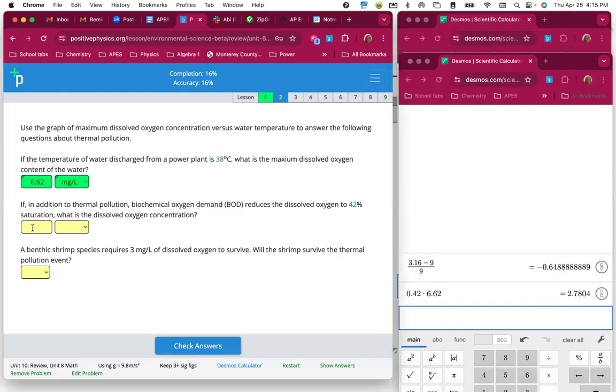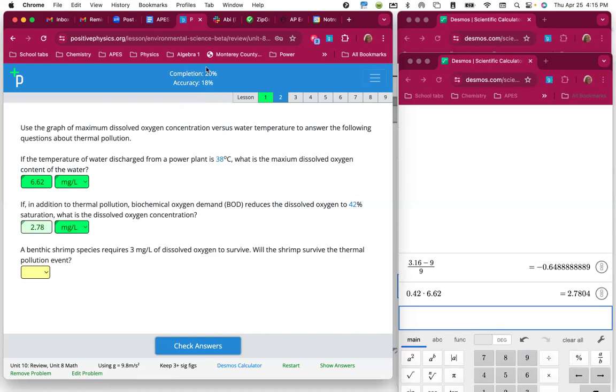And just again to show, the answer was 2.78, but let's say I put in 2 milligrams per liter and check the answers, and I didn't get it right, that's okay. It'll just change my accuracy at the end. So I have an accuracy score and a completion score, but it will not keep me from having a high completion score.